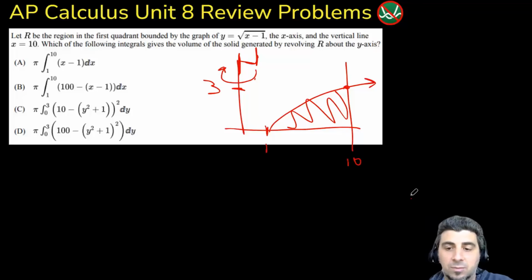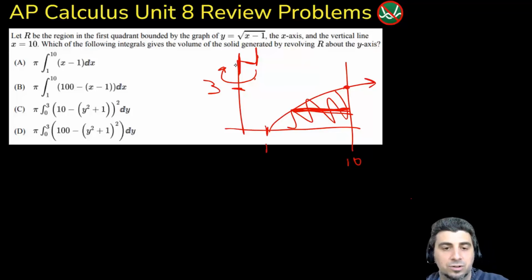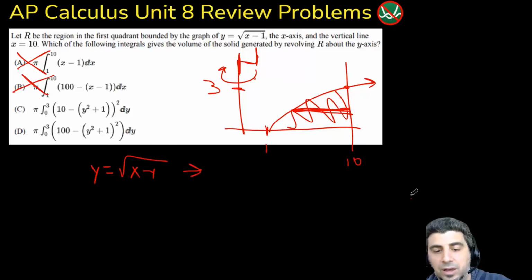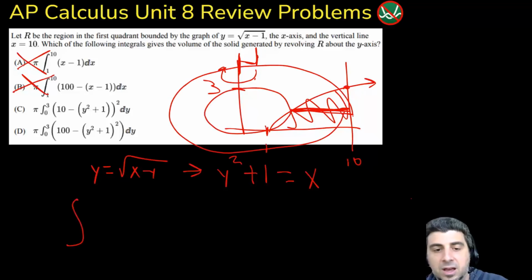So our strip needs to be perpendicular to the axis of rotation, so it's going to be a horizontal strip. I know if it's a horizontal strip, it has to be with respect to y, so I can eliminate those two. Now I have to solve y equals the square root of x minus 1 for x. So that's going to be y squared plus 1 equals x. So a typical cross section rotated around is going to give me a washer.